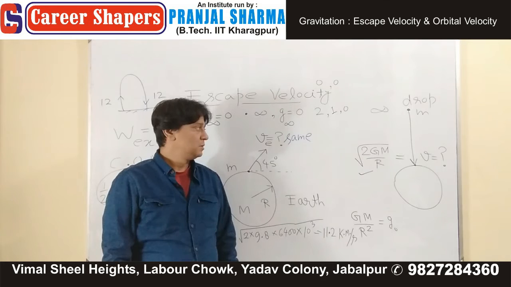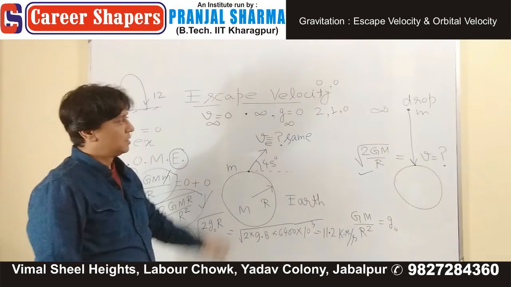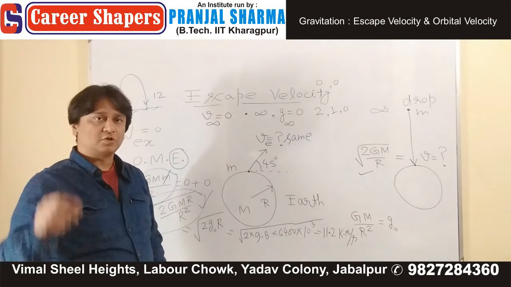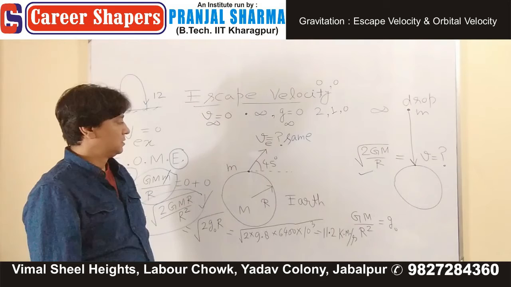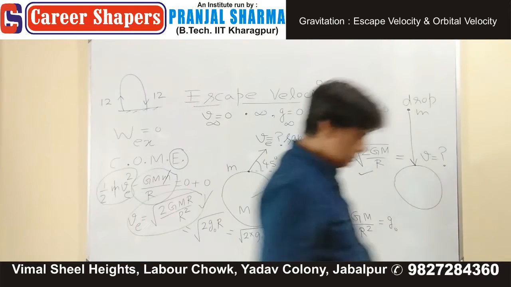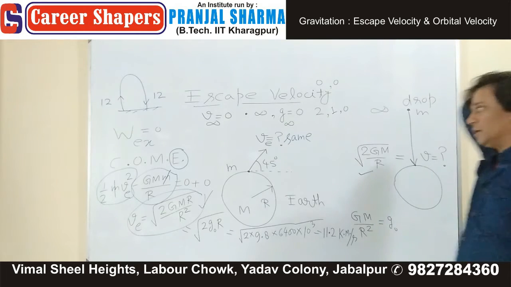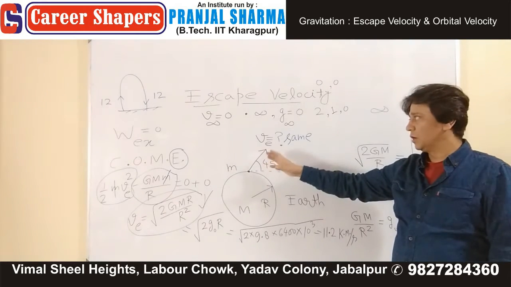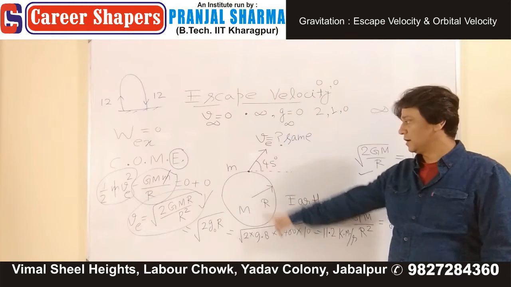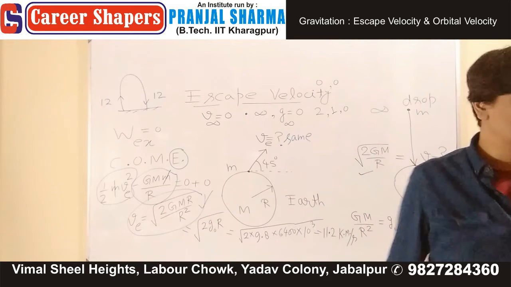Find out the maximum distance of this object from the center of Earth. An object is projected up with velocity which is half of escape velocity. Find out the maximum distance of the object from the center of Earth.